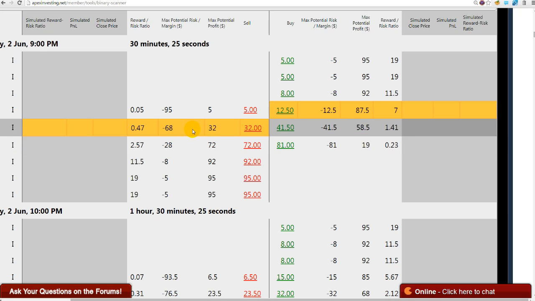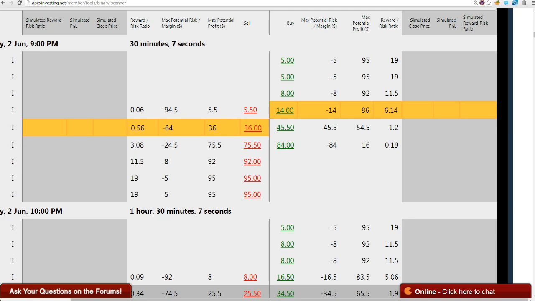So it's $100, whatever my max profit is. When I sell, my price is my max profit. When I buy, my price is my max risk. So if I sell and my max profit is $32, my max risk is $68. It's just $100 minus whatever my max profit potential is.